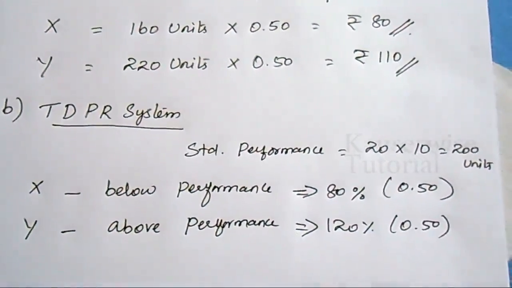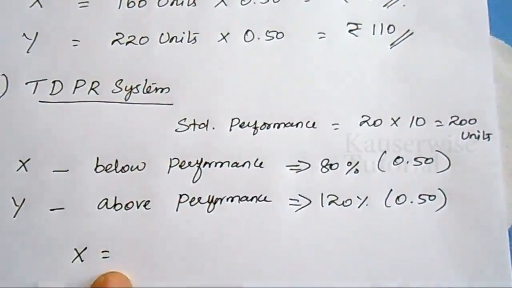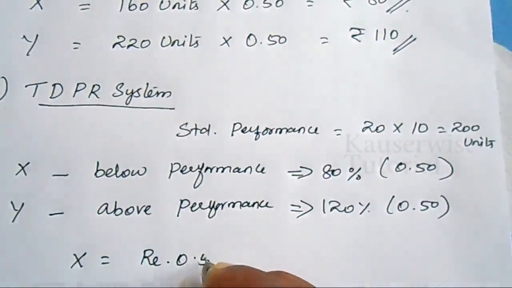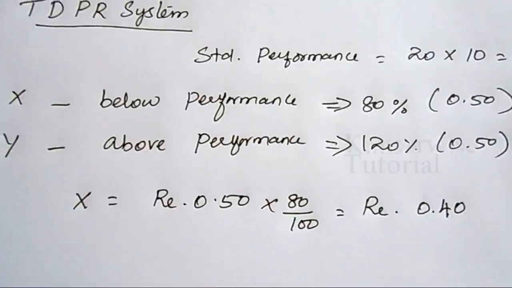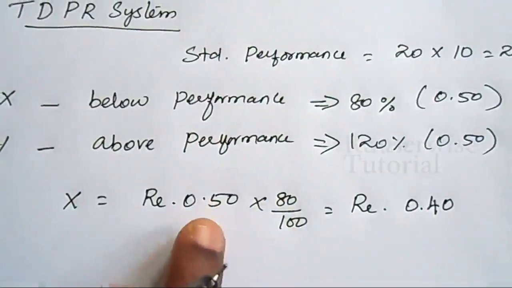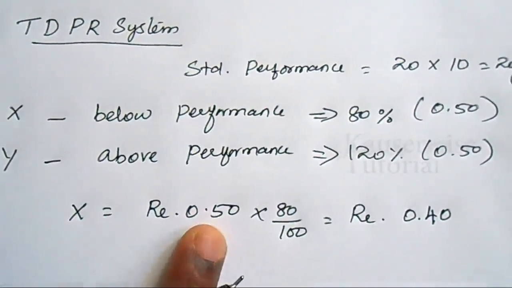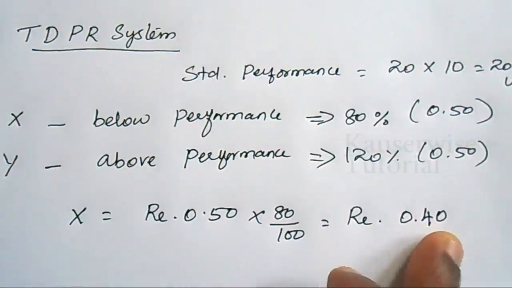Now we have to find out the low performance and above performance piece rate. For X, 50 into 80%, so 40 paise. The straight piece rate is 50 paise, and in that 80% is 40 paise. So this is applicable to X.